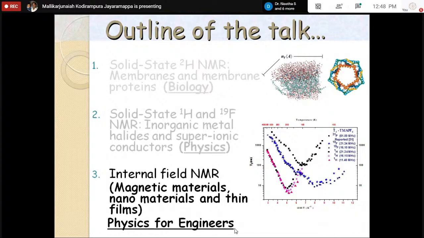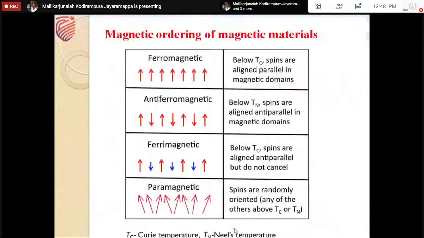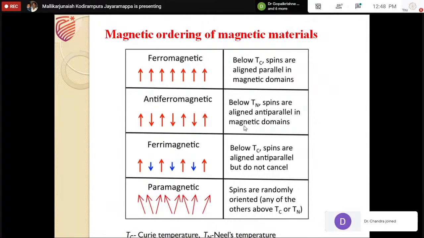Okay, now we will move on to the third topic, internal field or zero field NMR. All of us are aware of magnetic ordering, how it happens and how these systems are categorized, like ferromagnetic systems, antiferromagnetic systems, ferrimagnetic systems, and paramagnetic systems. The corresponding examples are also given below.